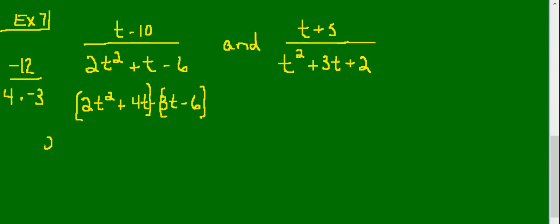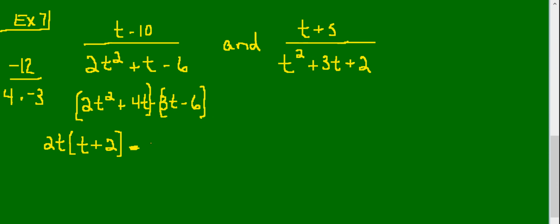So a 2t comes out, and what's left is t plus 2. Okay, and now I've got a minus sign here, which will change my sign on the next one.